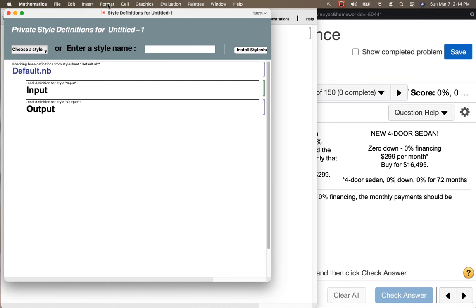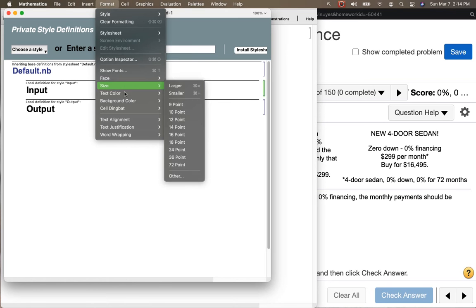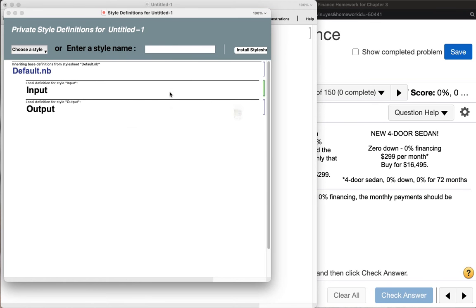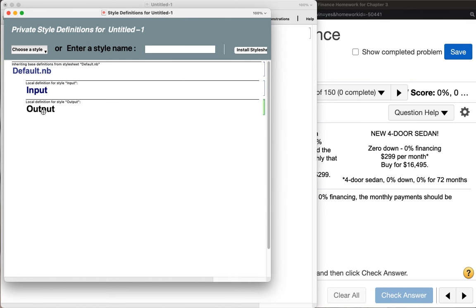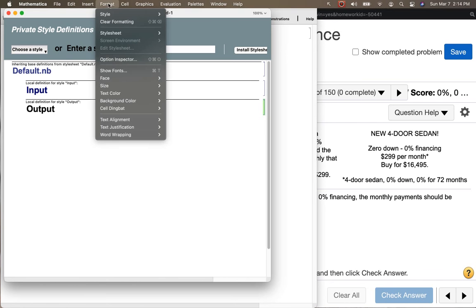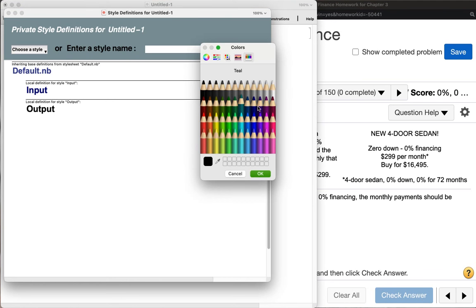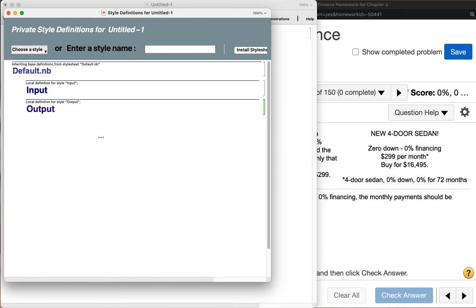And let's see, what about colors? So text color, the input could be midnight blue, and the output could be, let's see, how about eggplant purple? Select OK.